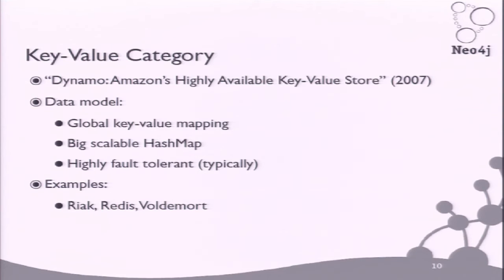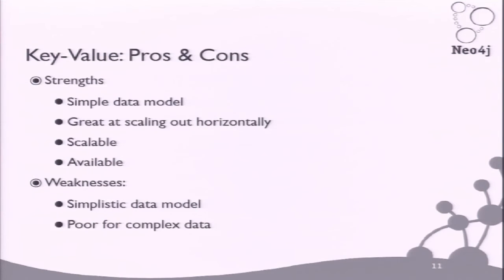Examples here are Redis, Riak, Project Voldemort, famous key value stores. They have a bunch of strengths, in particular a very simple model, which makes it super simple to scale out. There's no connectivity. You have a key and a value pair. That's it, nothing more. And if you have a very simple model like that, you can't take a complex data set and put it in there.